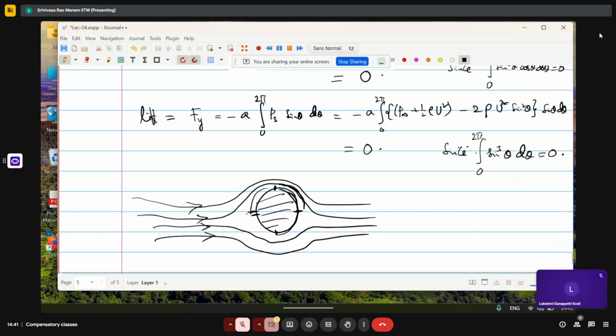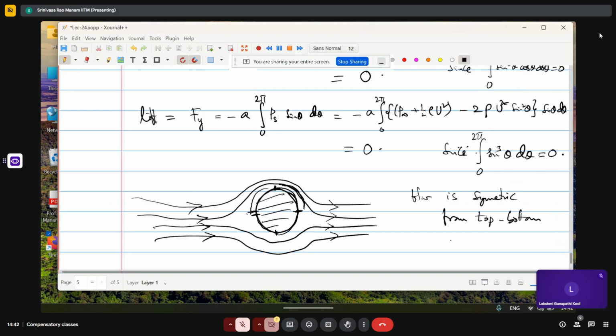So if you actually see here and here, okay, so right side and left side, top to bottom, you actually see that the pressure is also symmetric. And not only the velocities are symmetric, right? So by looking at the stream function and velocities, the flow is symmetric from top to bottom and from left to right.